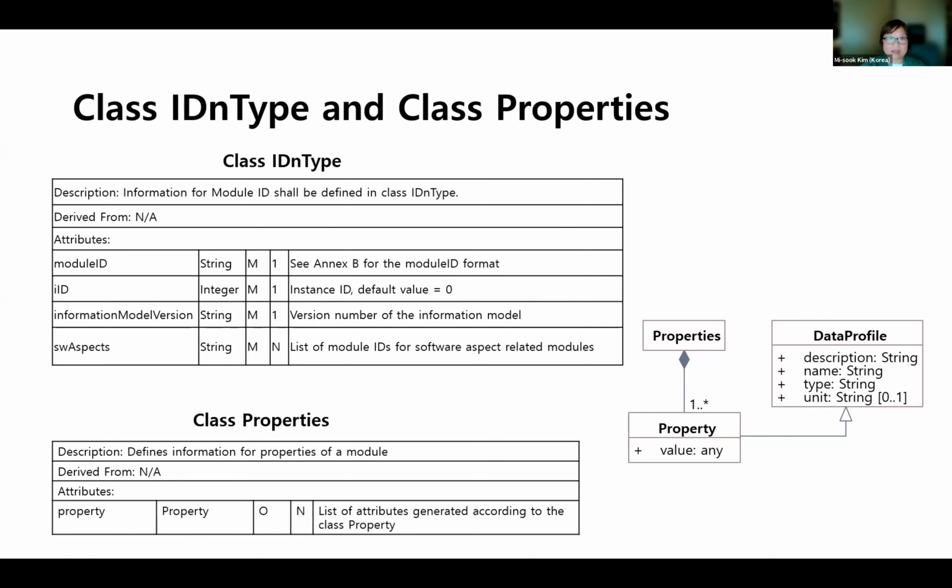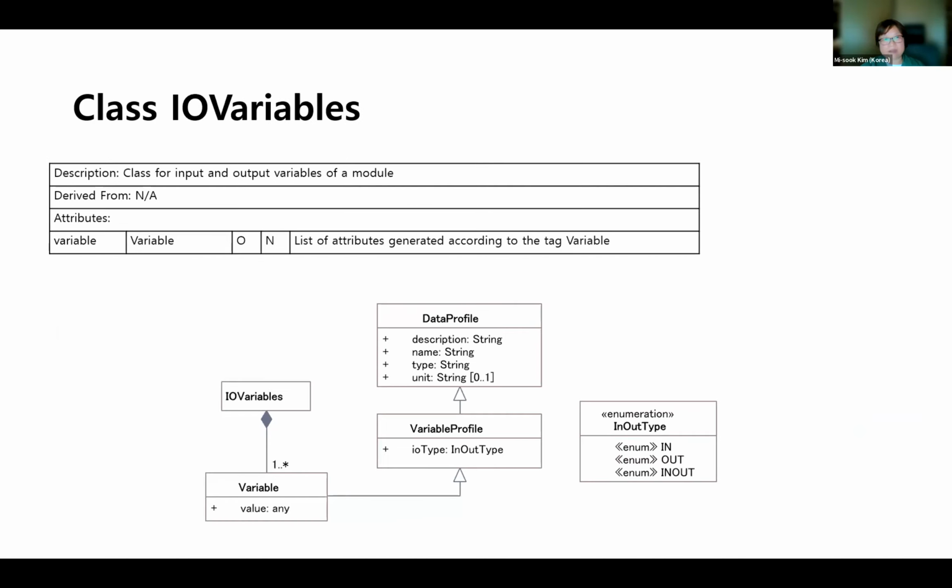The class ID and types and the properties can be specified in this format. The IO variables, which is data information between two modules, can be specified as input, output, or in-out for both ways.